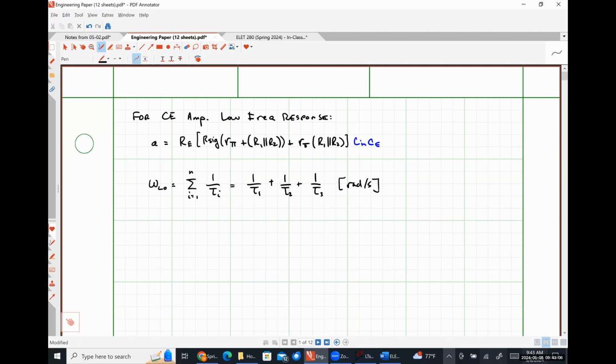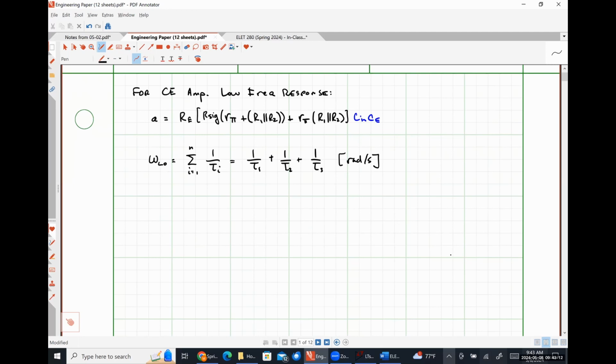So for instance, in problem 3, when you are calculating your bandwidth, I would calculate that as omega high minus omega low, divided by 2 pi, because the bandwidth is typically expressed in hertz.